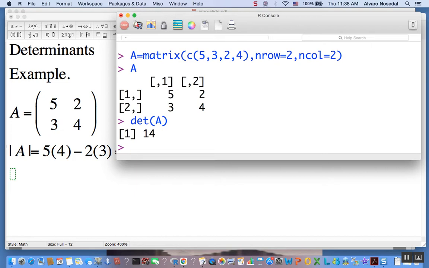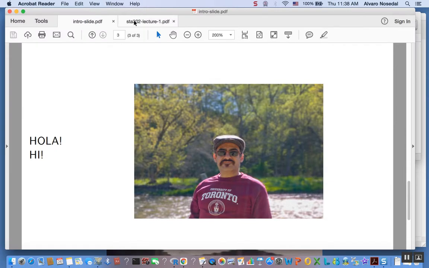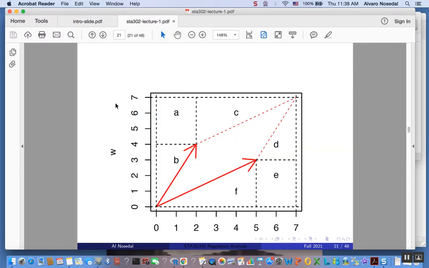Before we move on, let's talk about that geometric interpretation that I was mentioning. To do so, I prepared a graph for you. Take a look at that graph. What I would like you to do is to find the area of the region defined by the red arrows, or column vectors, and the red dashed lines.